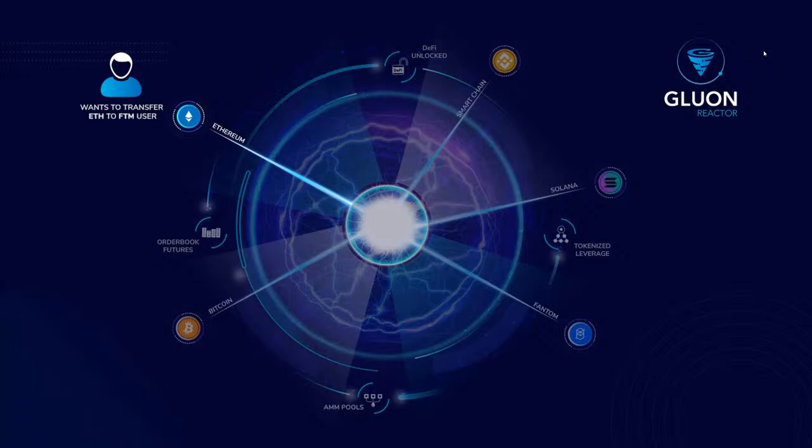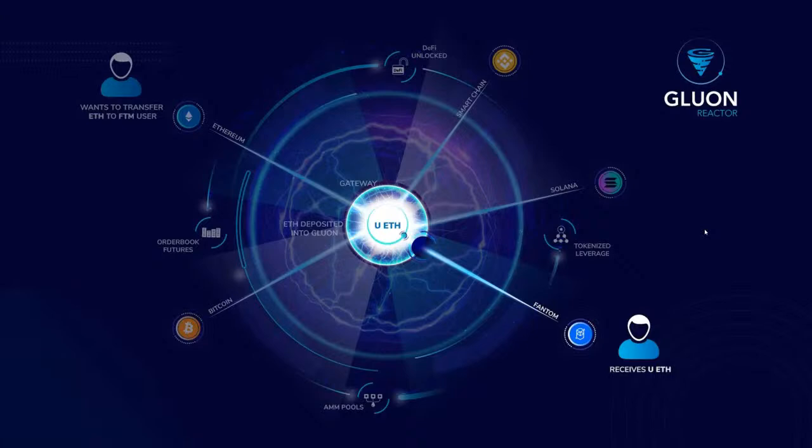Right, so we see it there. So far nothing special has happened. We have just moved it to what we call a gateway address. The tokens or any assets sent to a gateway address appear on the reactor network.